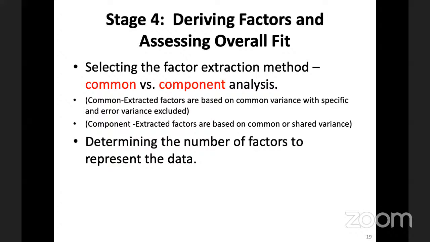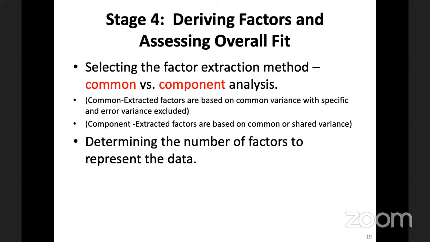Common factor analysis is based on the shared variance, both the common plus the specific or unique variance. Component factor analysis uses only the common variance, so the total variance is considered to be the common or shared variance.